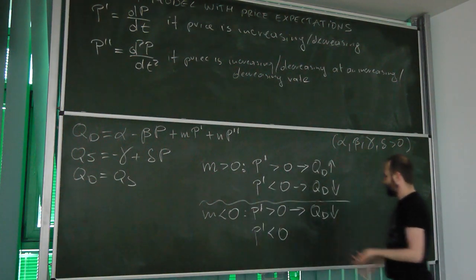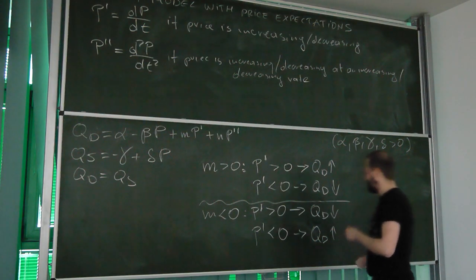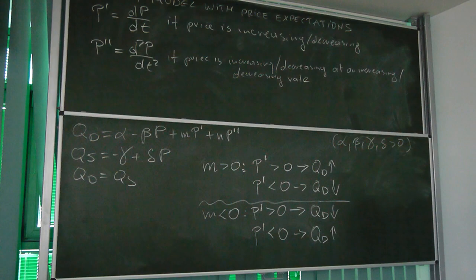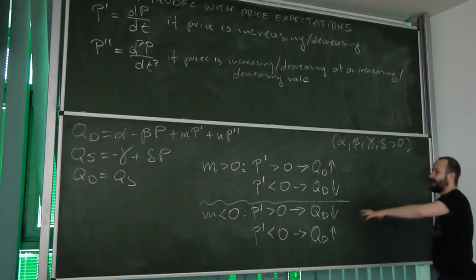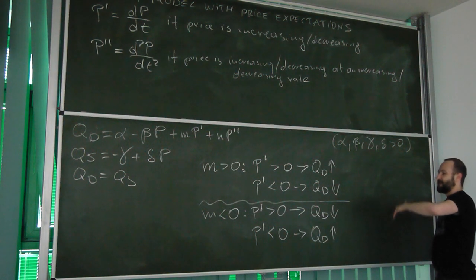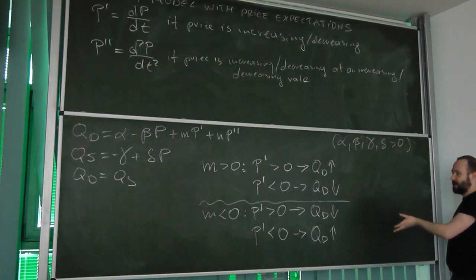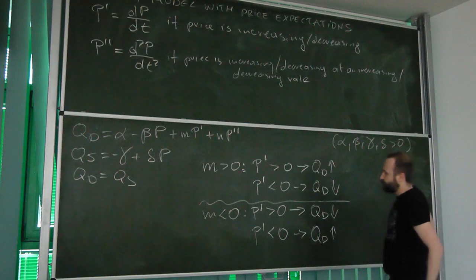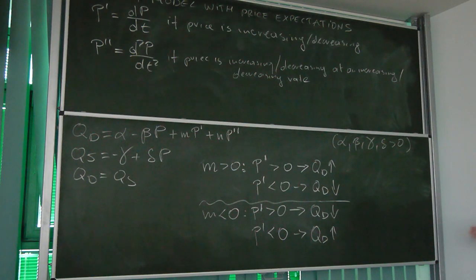When price is going down, people purchase more, which again is in tact with the law of demand. But here we see that if the people observe negative price trend, they purchase more now because they expect reversal, that at some point of time price starts to go up, so it is better to purchase more right now.